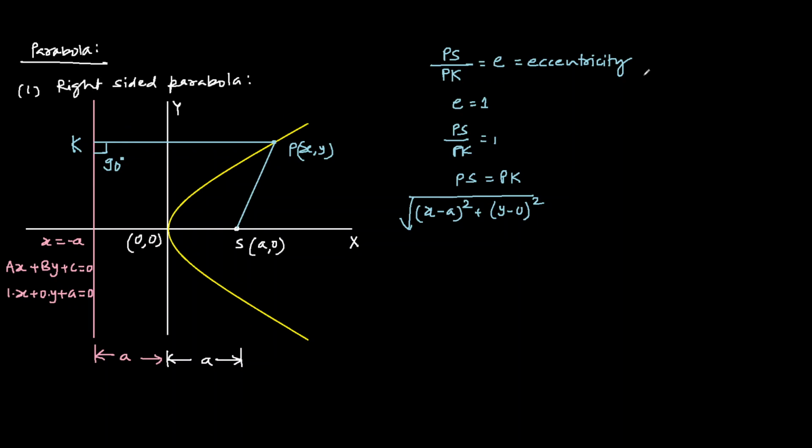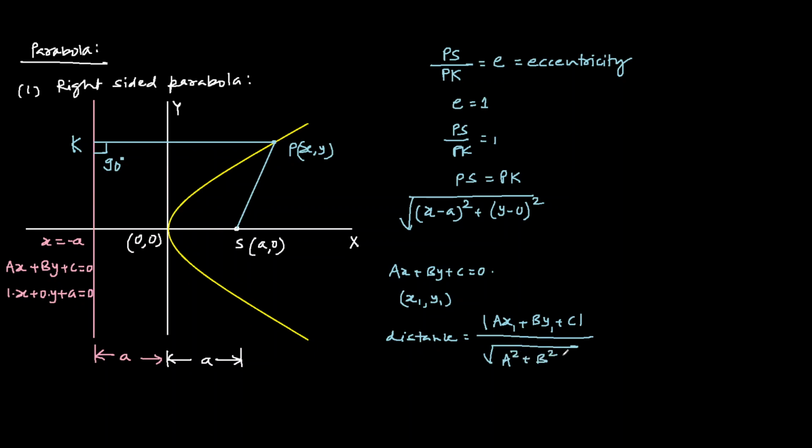If we have a straight line ax plus by plus c equal to 0, which is in standard form, and we have to find the perpendicular distance of this straight line from a point, say x1, y1, then the perpendicular distance can be written as mod of ax1 plus by1 plus c divided by the square root of a square plus b square. We will use this formula to find the perpendicular distance of point P from the straight line called the directrix.